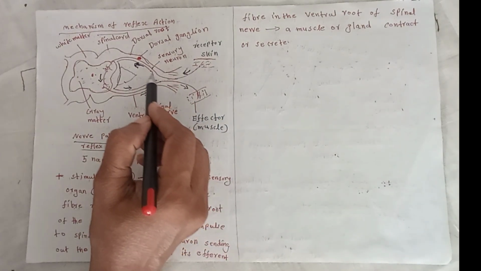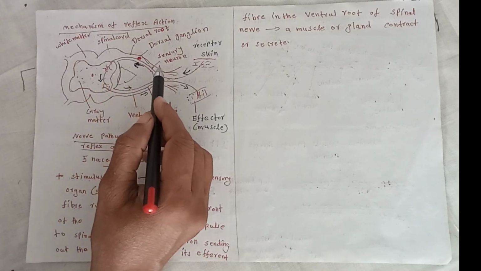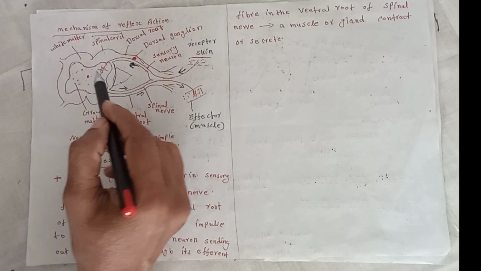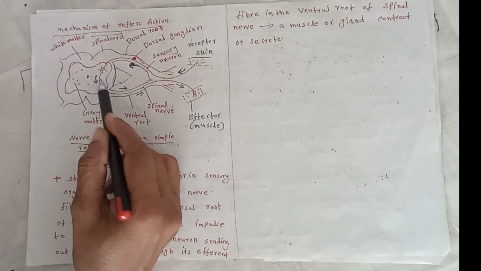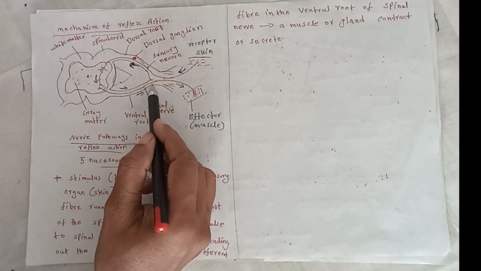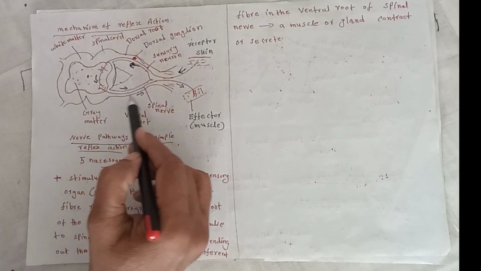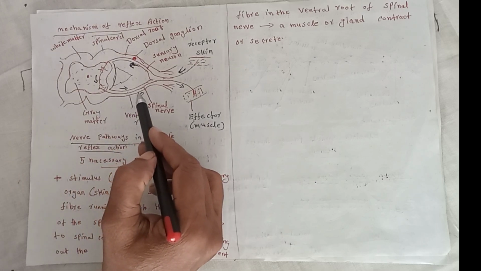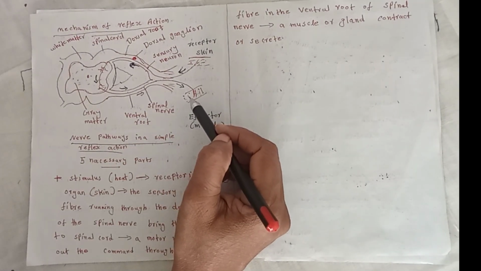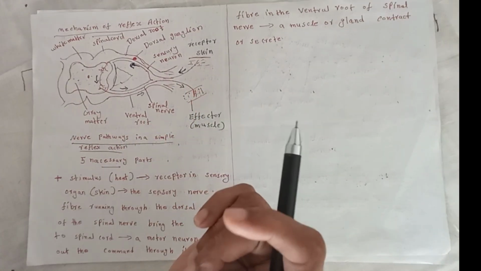The sensory fiber running through the dorsal root of the spinal nerve brings the impulse to the spinal cord. A motor neuron sends out the command through its efferent fiber. This is afferent and this is efferent fiber in the ventral root of the spinal nerve. Here the muscle contracts and we withdraw our finger from the hot surface.